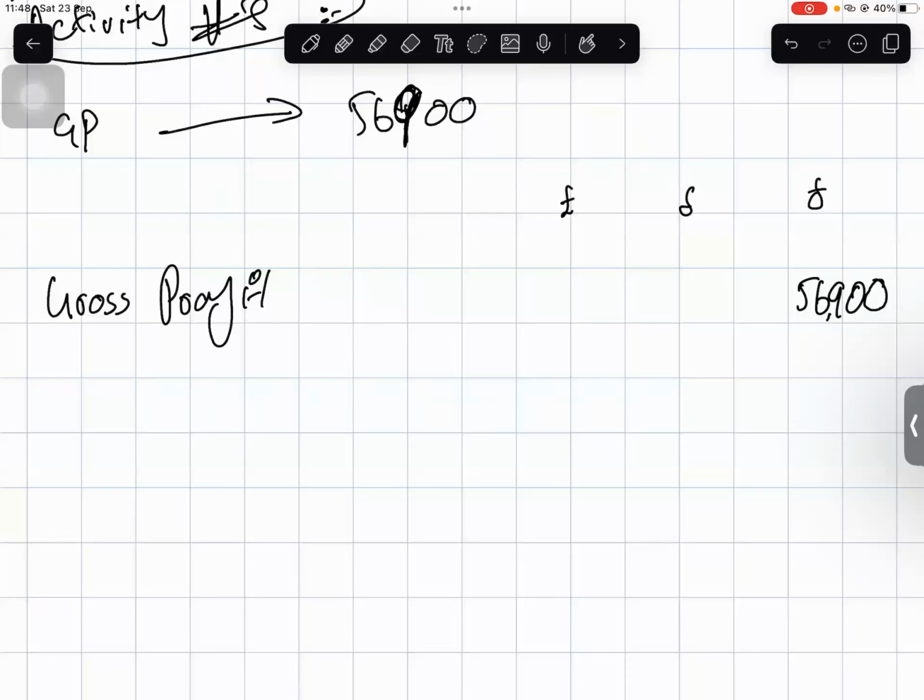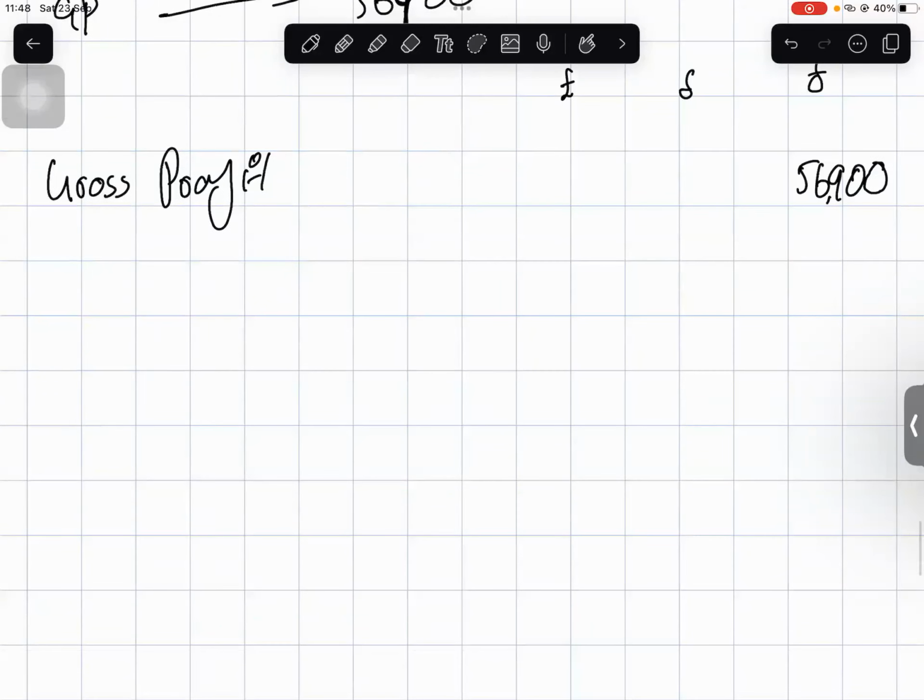Discount received, income. Insurance, expense. Postage, expense. Exactly. Also, if the name is not clear, you can just look at their balances. All the incomes will be on the credit side, all the expenses will be on the debit side.